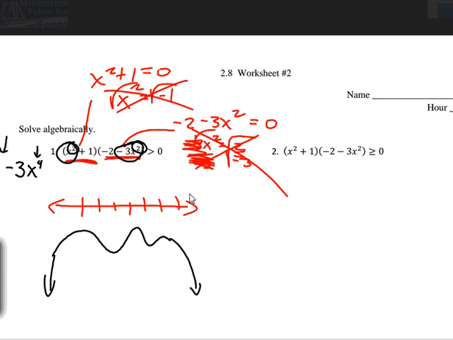And therefore, when is it bigger than 0? Never. Because it'd have to be up here to be bigger than 0 or above the 0 line. So therefore, it's never up there, and therefore the answer is no solution.